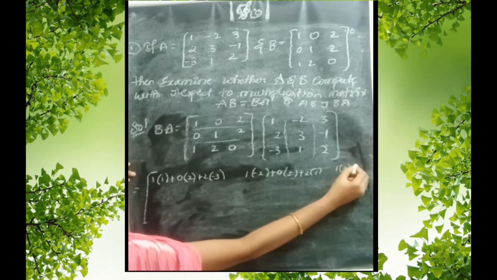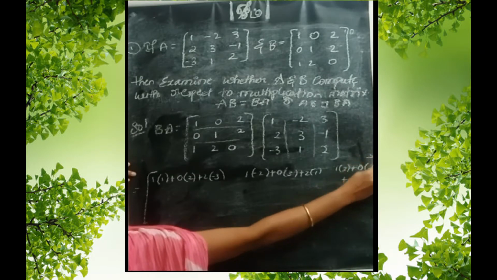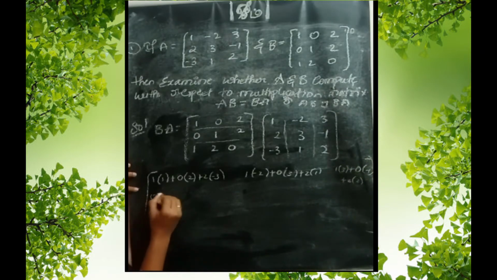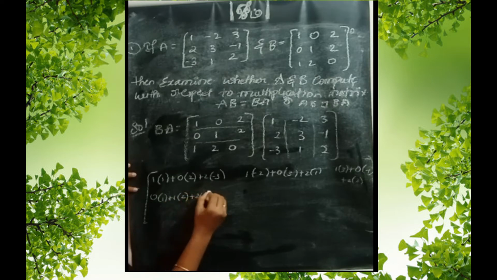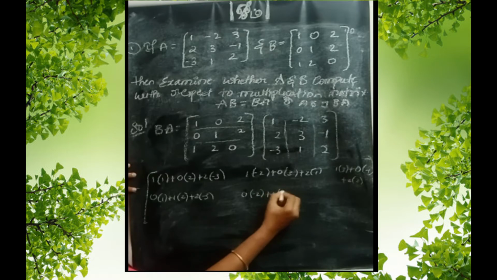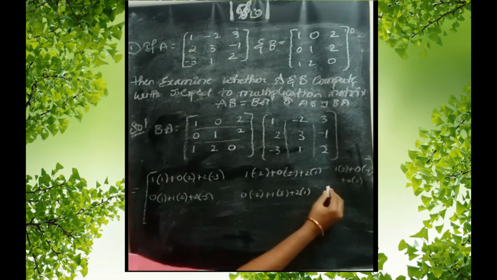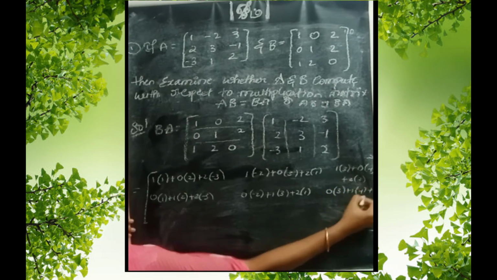So 1 into 3, 0 into minus 1 plus 2 into 2. 0 into 1 plus 1 into 2 plus 2 into minus 3. 0 into minus 2 plus 1 into 3 plus 2 into 1. 0 into 3 plus 1 into minus 1 plus 2 into 2.